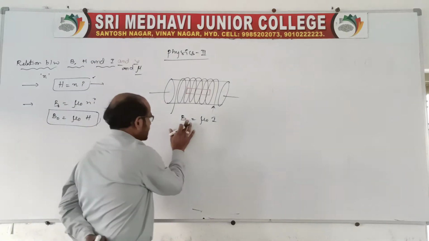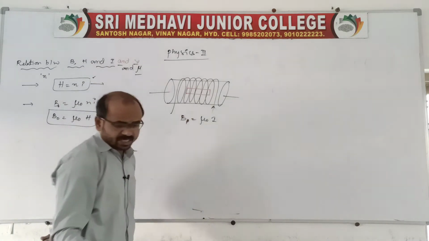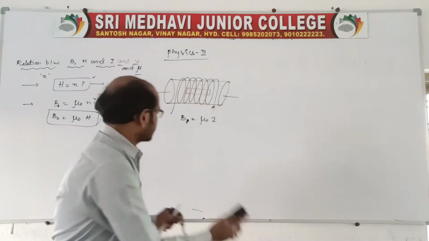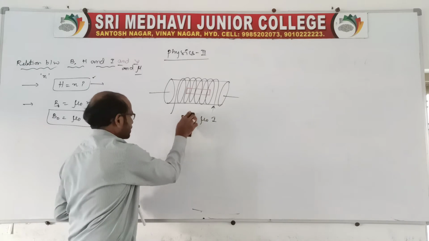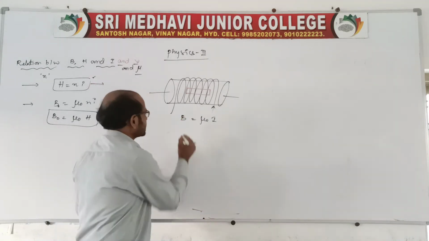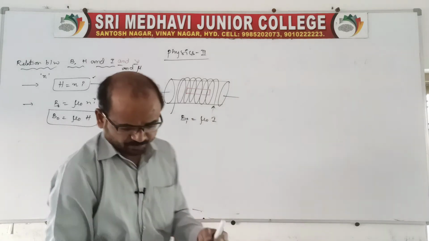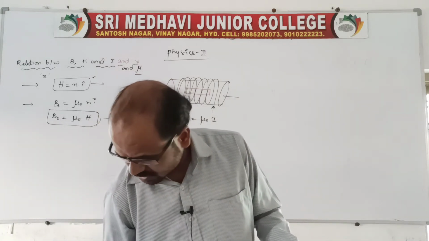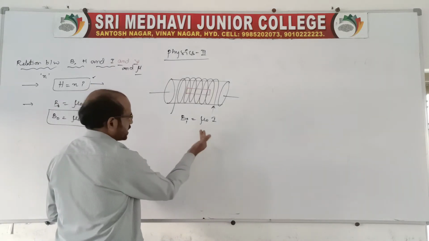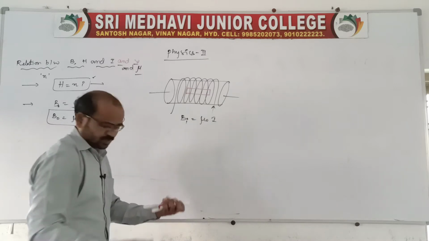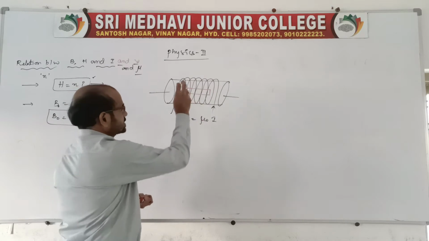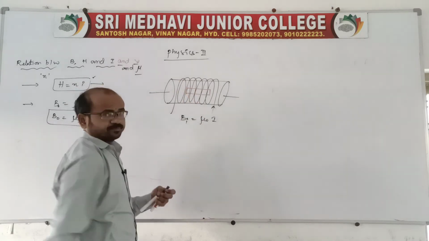You write it as Bi, because the field is induced. In that magnetic substance there is a field induced, so you can write Bi is equal to mu naught I. I is the intensity of magnetization when the substance is placed in the solenoid.